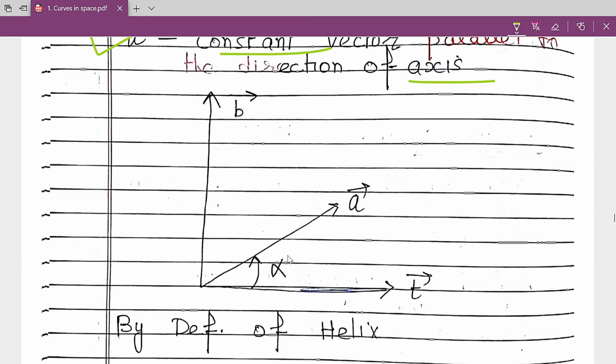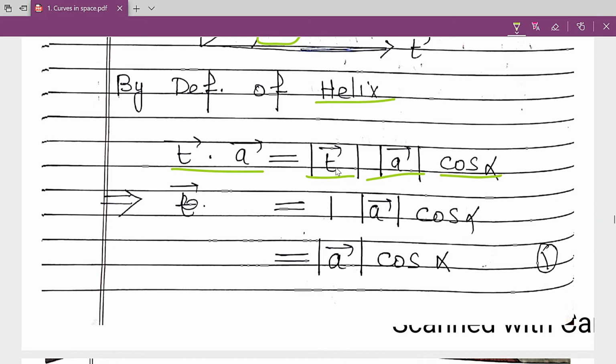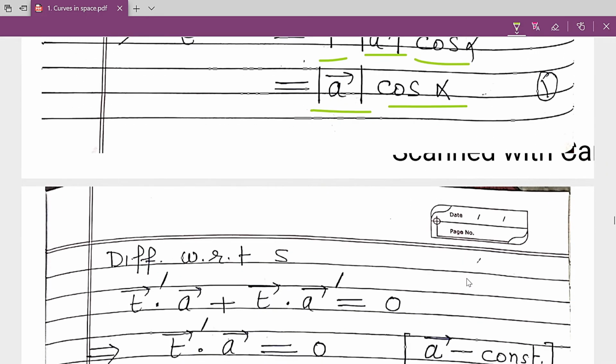By definition of helix, T dot A is magnitude of T into magnitude of A into cosine of the angle between them. Because T is a unit vector its magnitude is 1, and A is a constant vector, so we get magnitude of A times cos alpha.